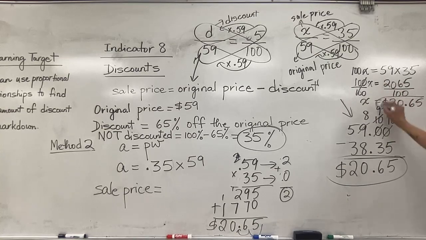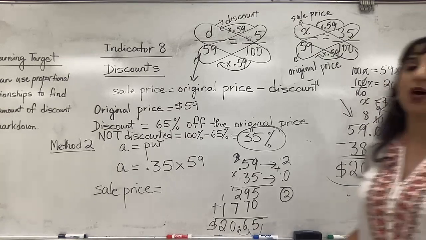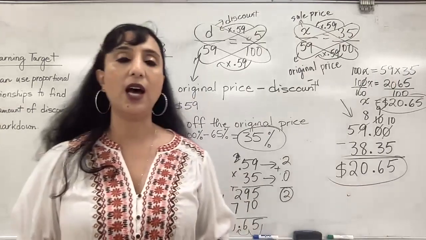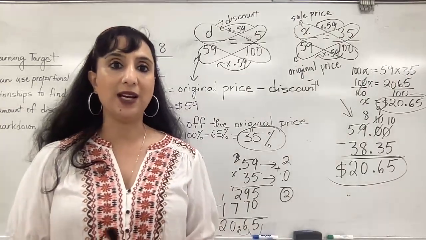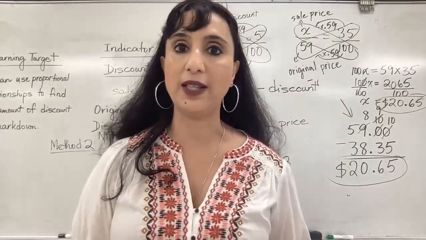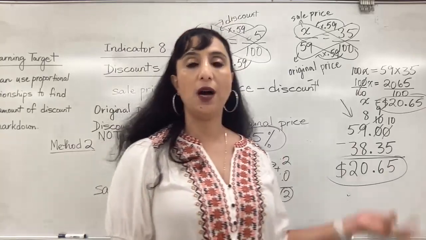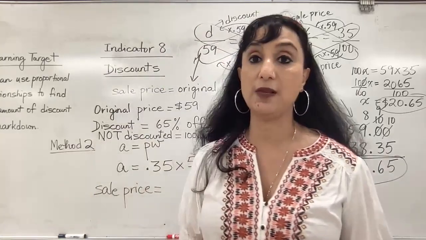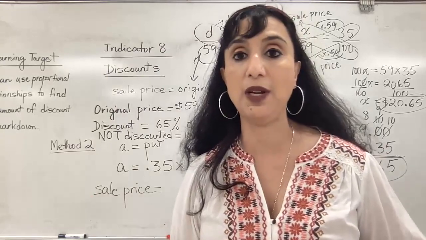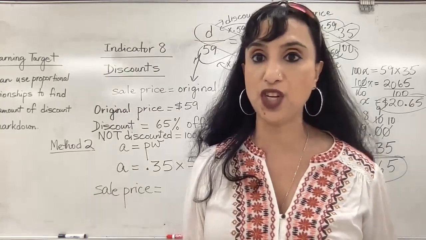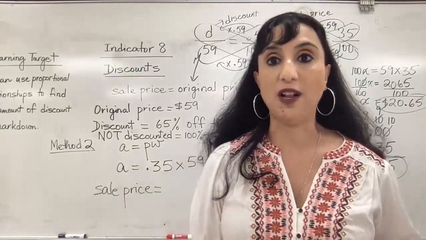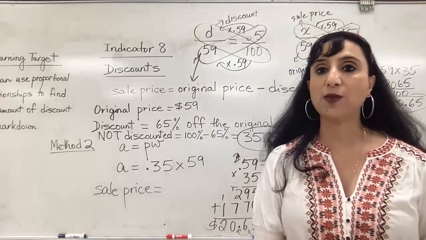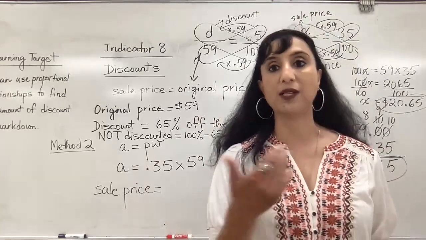So here, either way. These are again several options to use, but you can choose either method one or method two. And then you can do it with a percent formula, A is equal to PW, or you can write it as a proportion and then solve it, either with cross products or just multiplying with the number.